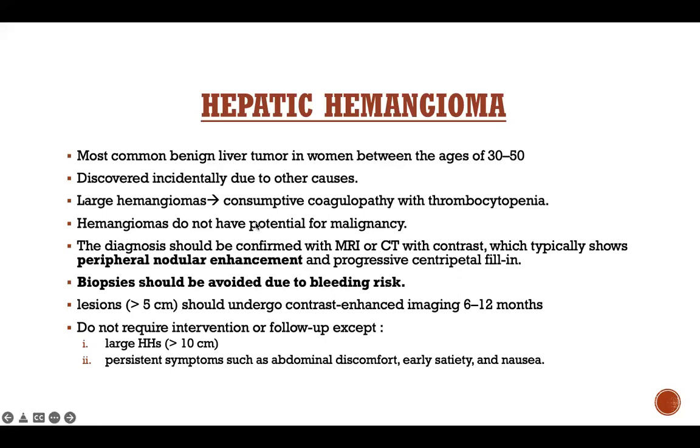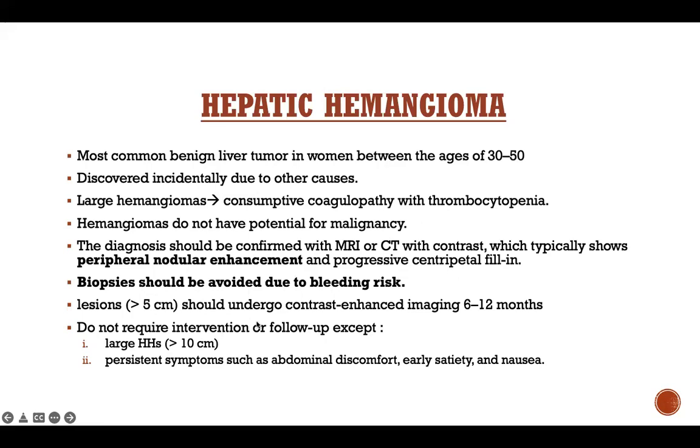Hemangioma does not transform to malignancy. The diagnosis is always confirmed by CT or MRI with contrast, also with the triphasic CT scan. Okay, it's always nodular in the periphery, and the enhancement is always peripheral with a nodular pattern.